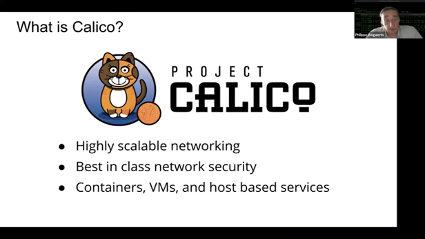If you build larger, multi-data center, hybrid cloud type of clusters, highly scalable networking and flexibility is a big must. That's also why we are quite often mentioned as the most widely distributed networking solution. If you check LinkedIn, you will see that we are by far the largest used CNI.